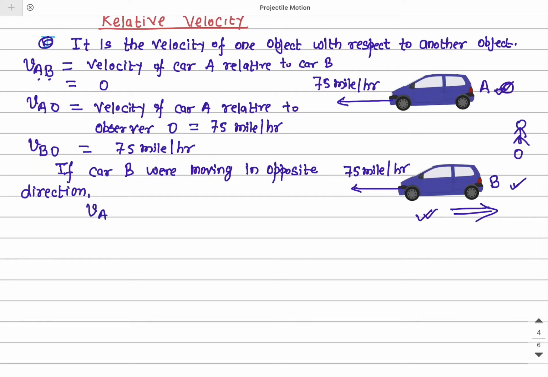Then the velocity of car A with respect to B would be simply equal to 75 minus 75.